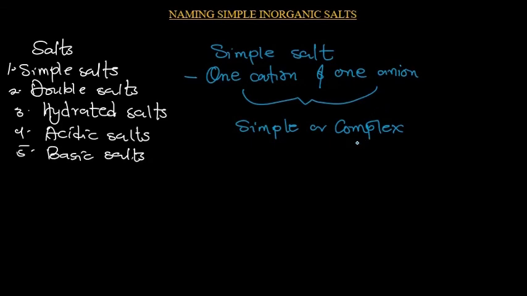Now, when we say simple, that means it is made up of only one atom. For example, a simple cation could be just lithium plus, or sodium plus, or calcium 2 plus. What about simple anions?